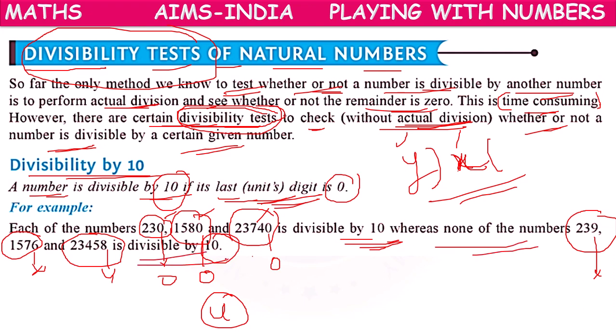Just by observing the digit in the units place, we can tell whether a number is divisible by 10 or not. This is called the divisibility test by 10.